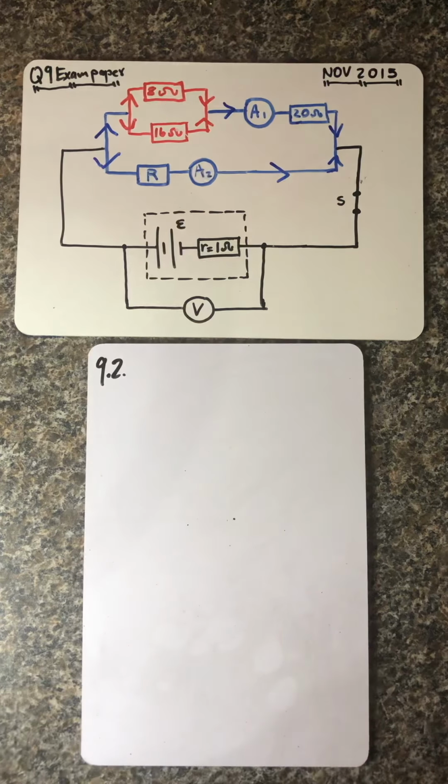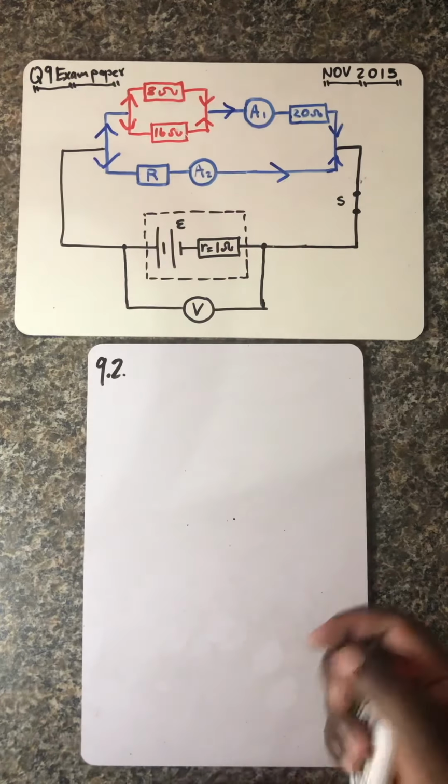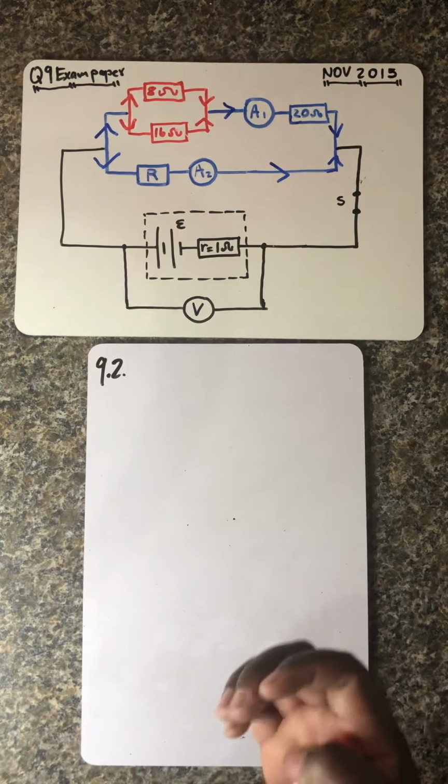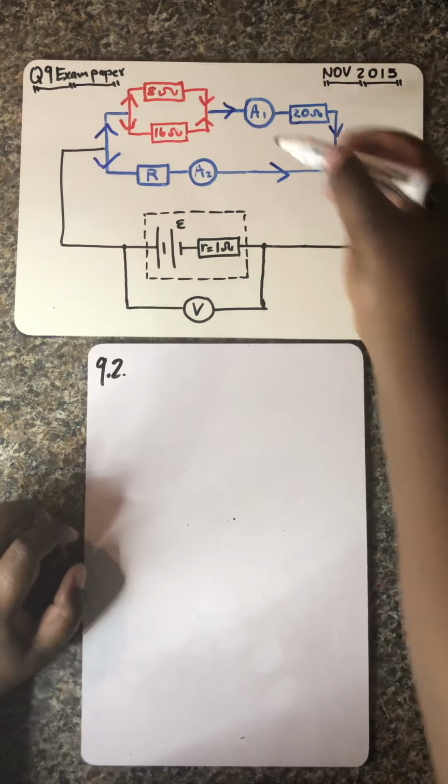So now what does the question want us to calculate? Let's check. The question says calculate the reading on ammeter A1. Let's see where the reading is. There.